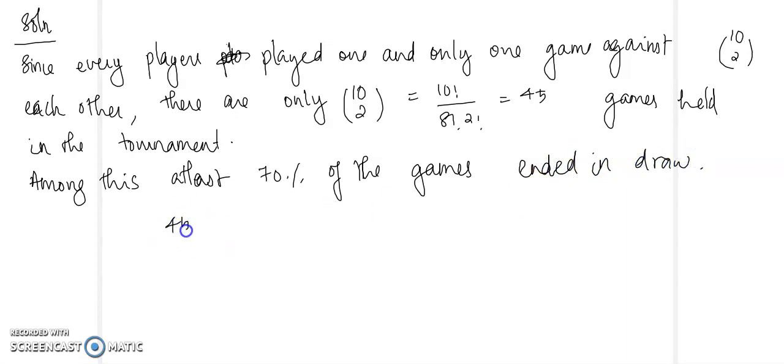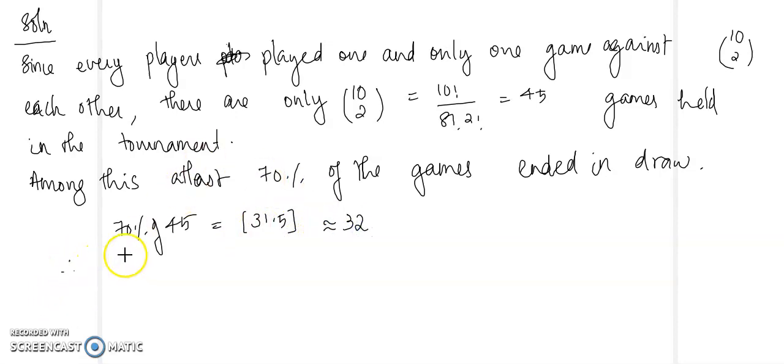So when you take 70% of 45, taking the integer function, you will get 31.5, that is approximately 32.